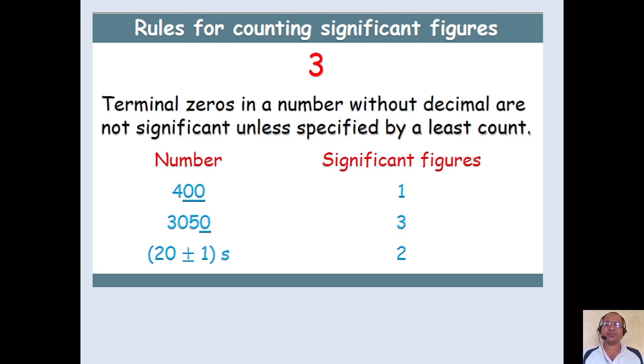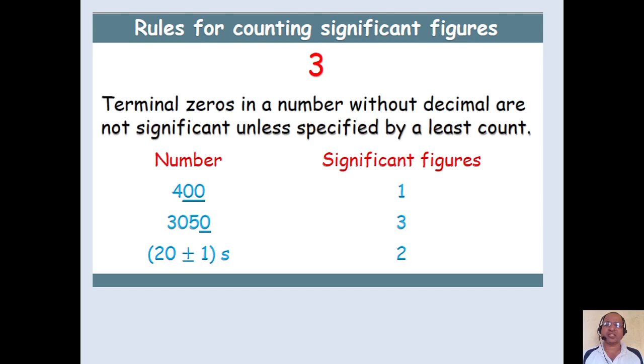Second example, 3050. Two zeros are there. The first 0 comes in between 3 and 5, which are two non-zero digits, so it is significant. The last 0 is a terminal 0 without a decimal, so it is not significant. So the significant figures in this number are 3. Third number, specified by a least count: 20 plus minus 1 second.